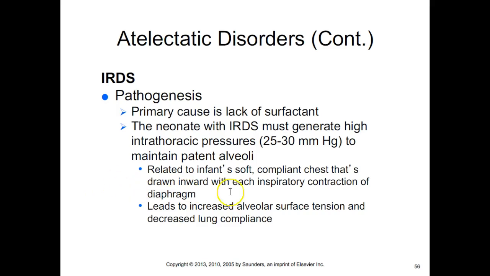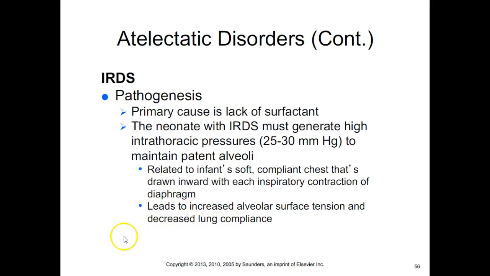Right? So a soft compliant chest that is usually drawn inward with each inspiratory contraction of the diaphragm as they're struggling to breathe. And so you'll see that in babies. So when you see a premature baby being born, you will see that inward draw, a contraction of the diaphragm, right?